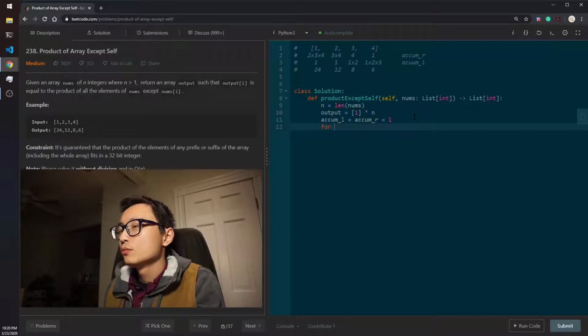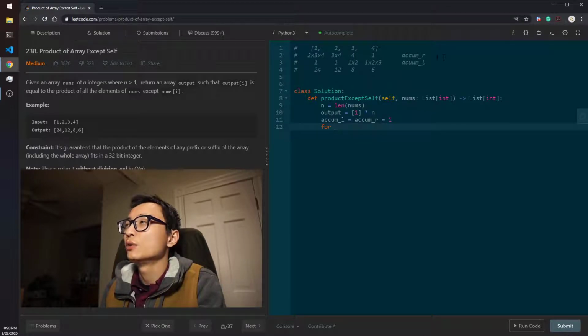We can actually iterate over this from left to right and right to left at the same time, in range n.